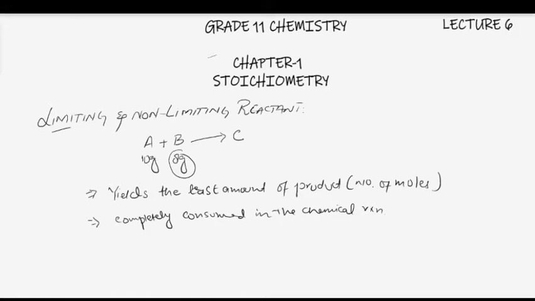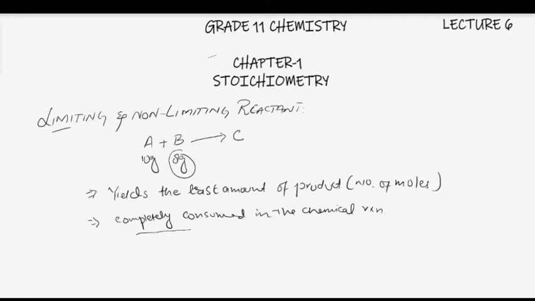On the other hand, a non-limiting reactant would be a reactant that yields a larger amount of the product, that is, a larger number of moles as compared to the other one, or it would be a reactant that is not consumed completely during the chemical reaction.